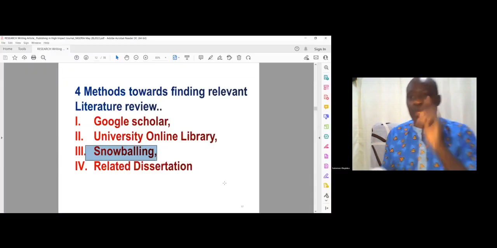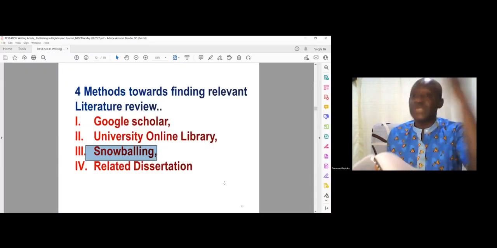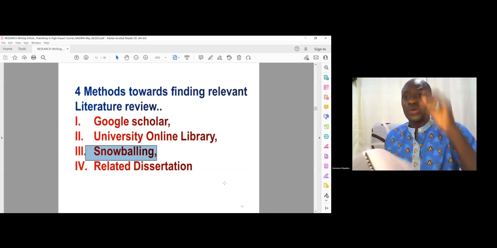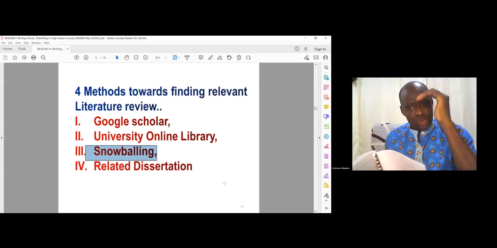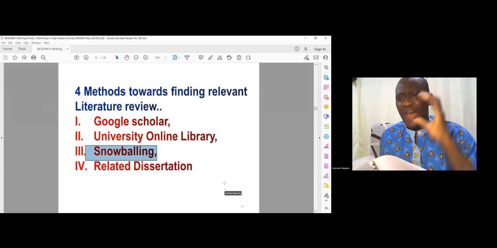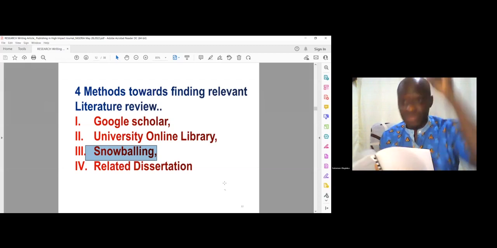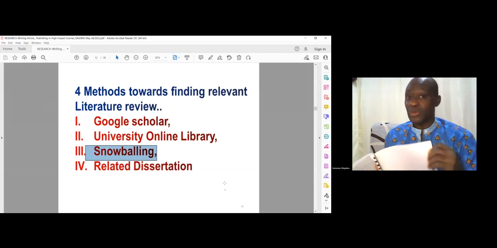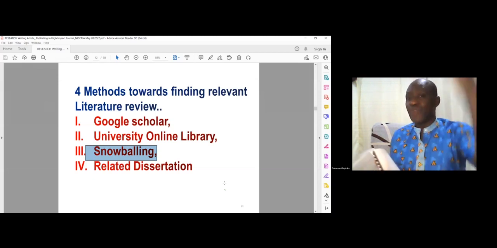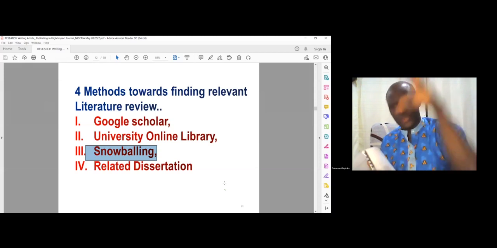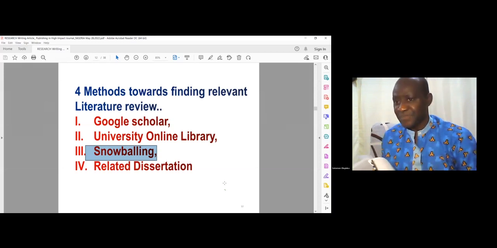towards the last page is the reference pages. So in those reference pages, in the snowball approach, you will look for 4 or 5 articles that are really, really relevant to your study. That's the snowballing approach. Then from those 4, you will download those 4 articles again.